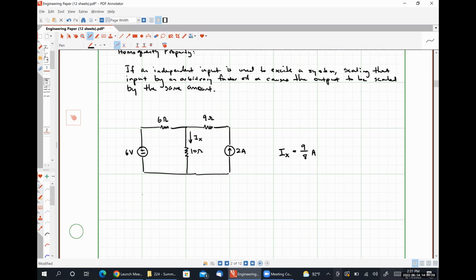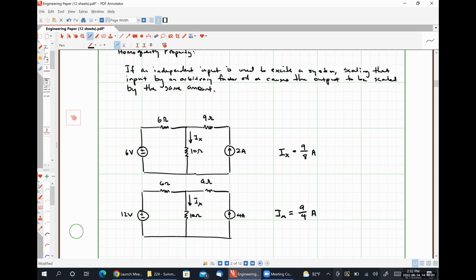Meaning that if I replaced my 6-volt source with a 12-volt source, and I replaced my 2 amp source with a 4 amp source, I should find that IX will be twice as large, or 9/4 of an amp in this case.